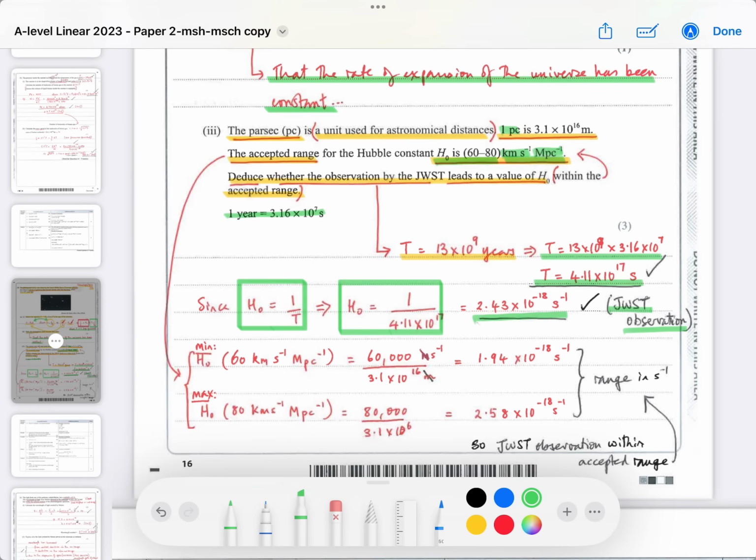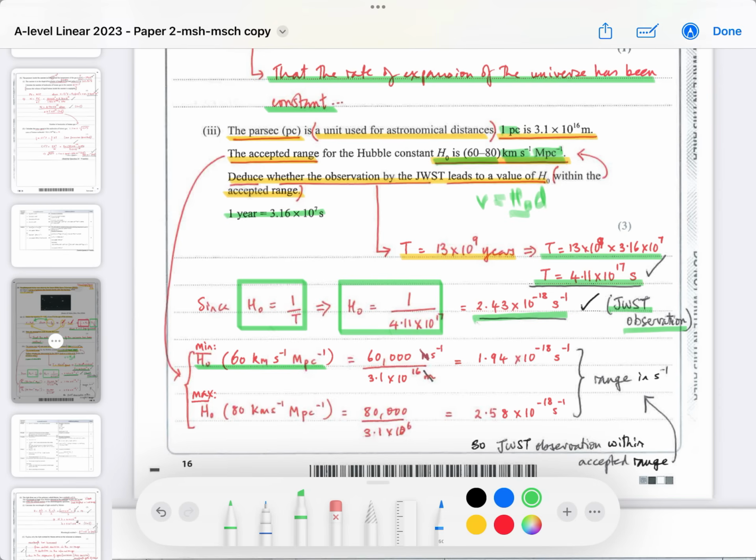Now if you look at the minimum value of the Hubble constant in the range they're given, 60 to 80, to change it into per seconds you've got to realize that v equals H naught times d.